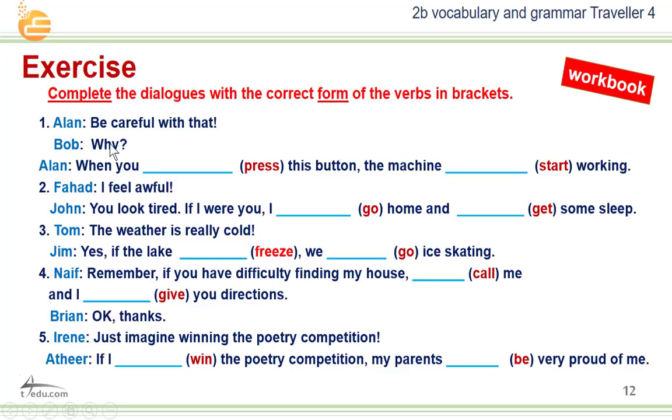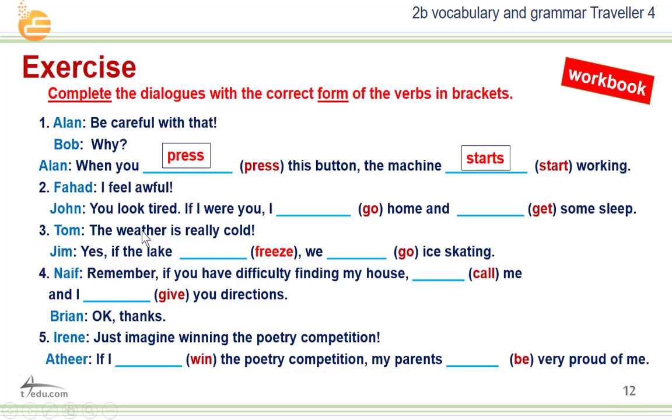Number 1. Alan, be careful with that. Bob, why? Alan, when you press this button, the machine starts working. If we start with when or if with a verb, we call it zero condition. So the answer is, when you press this button, the machine starts working.